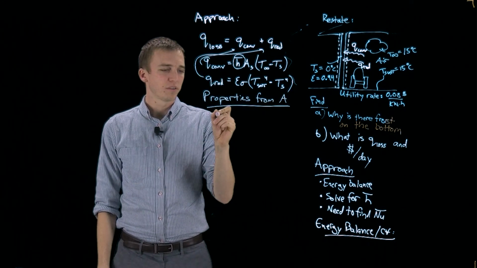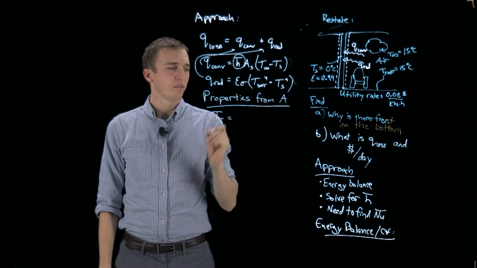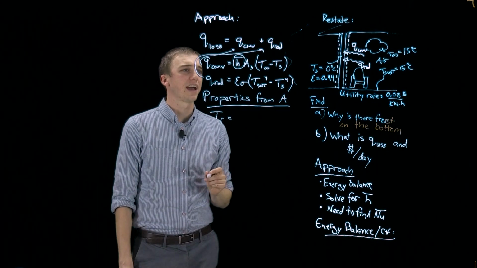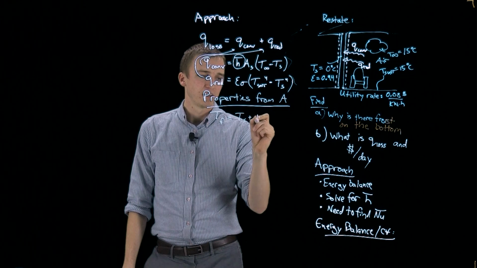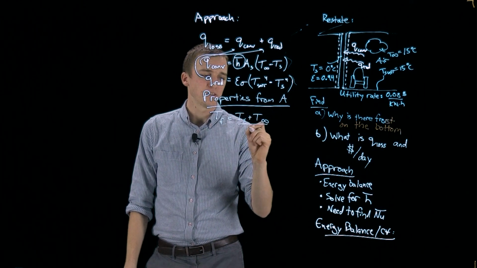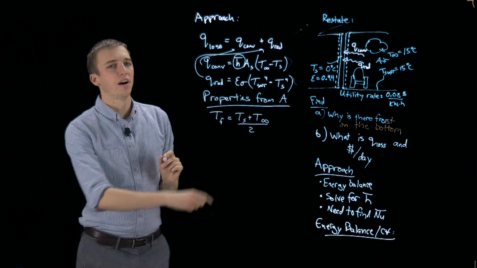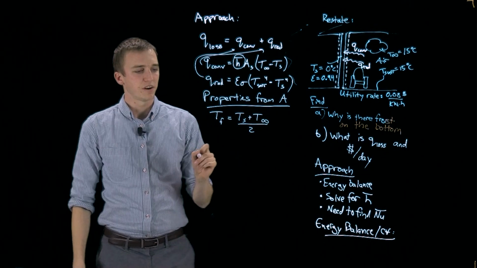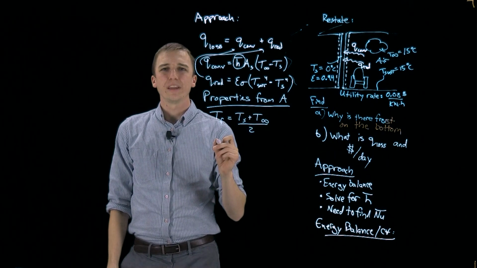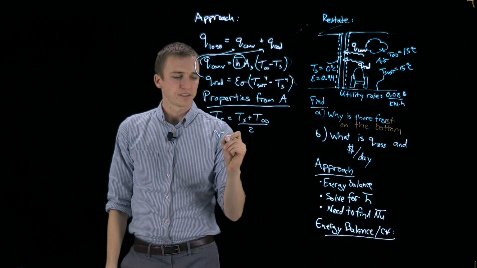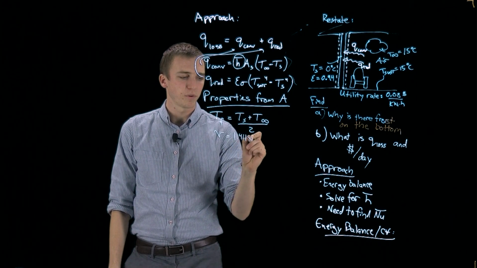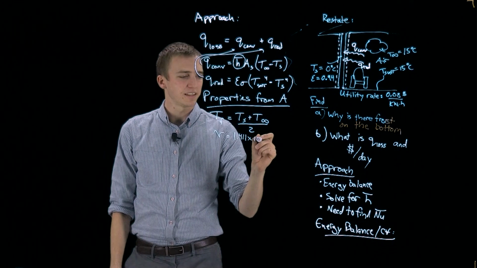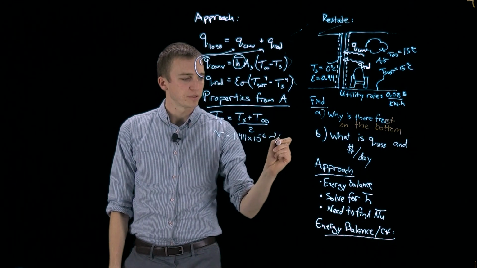Okay, so for air, we're going to evaluate our properties at T film, which would be temperature of the surface plus T infinity divided by 2. So the average temperature of the fluid. All right, when we do that, then we can solve for several different properties, including the kinematic viscosity, 1.411 times 10 to the negative 6th meters squared per second.